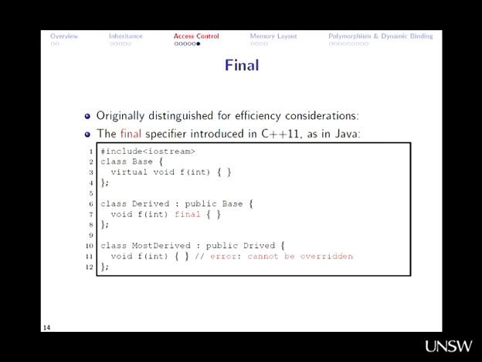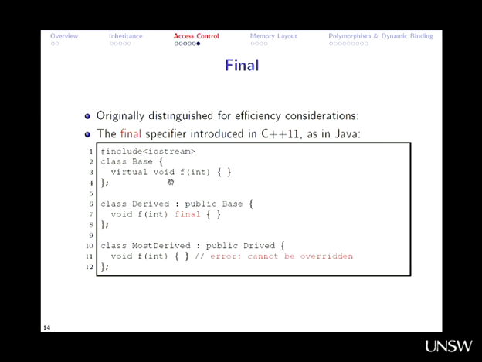C++11 also introduces the keyword final, and final is the same as final in Java. If you define something to be final, it means that it cannot be overridden. So say we have a base class with a function called virtual void f.